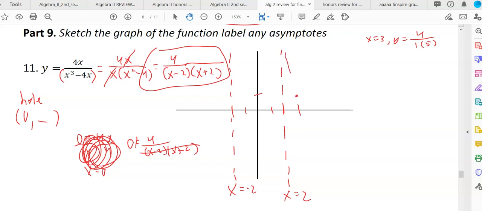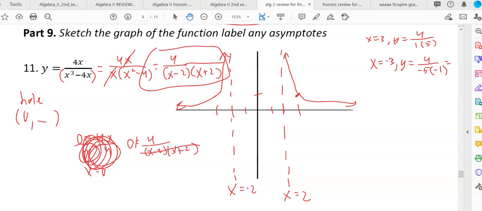So I know in this quadrant, it's kind of doing this. I'm going to plug in -3. And I really just want to see if that y is positive or negative. So y equals 4 over -5 times -1... 4 over -3 would be -5 times -3 is -1, which is positive 4/5. So again, it's kind of up here somewhere. So I've got my left-hand side.